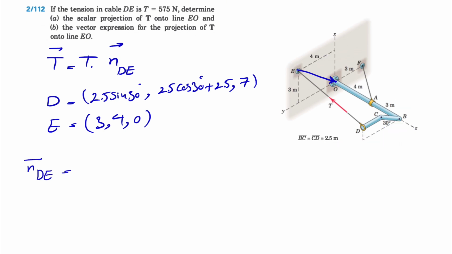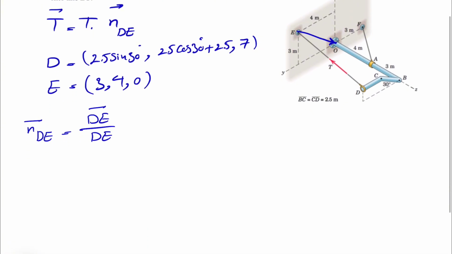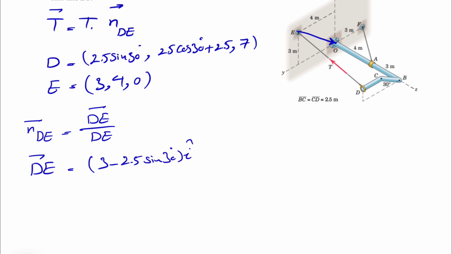So for finding the unit vector, we basically have DE over the magnitude of DE. So if we want to find the DE in here, we have the coordinates of E minus D. So 3 minus 2.5 sine of 30 degrees, that's going to be our i, plus 4 minus 2.5 cosine of 30 degrees minus 2.5, that's going to be our j.